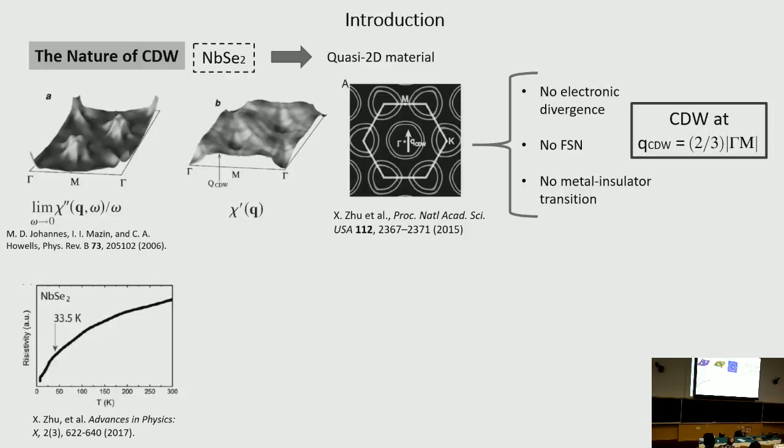You don't have Fermi surface nesting, which is one very required thing for the Peierls instability. You don't have a metal-insulator transition, even though you have a charge density wave. So it's completely outside the standard explanation for charge ordering based on the Peierls instability.